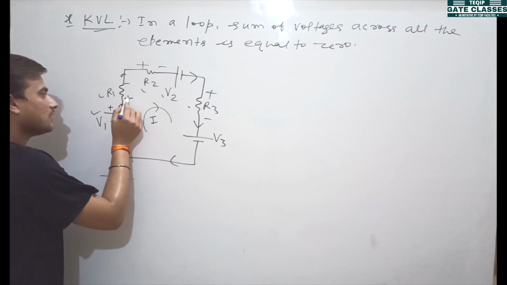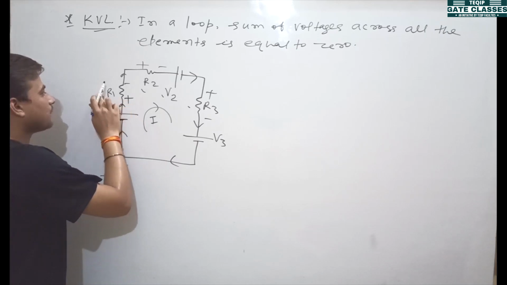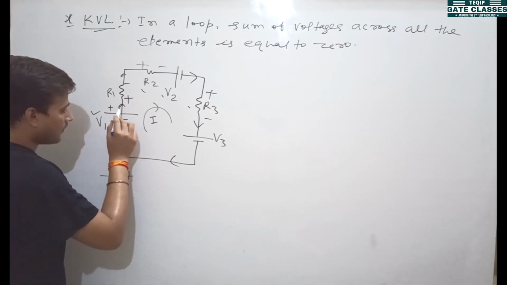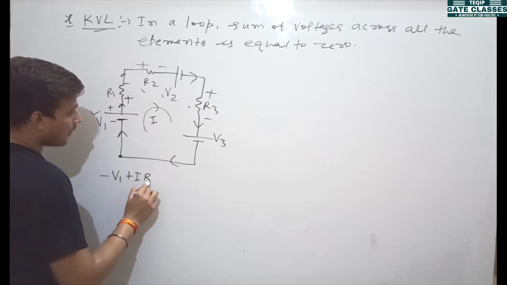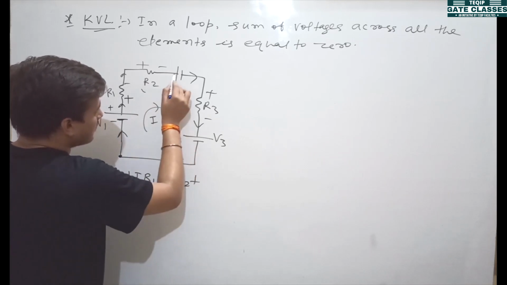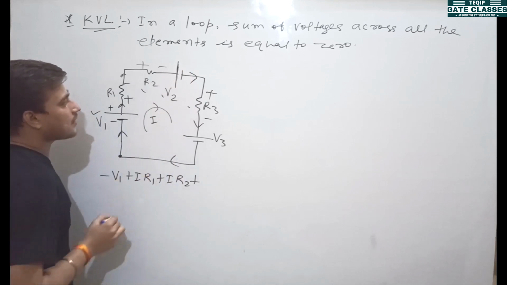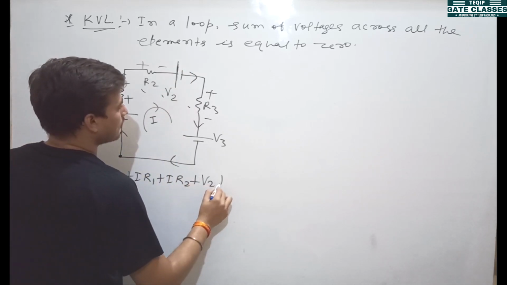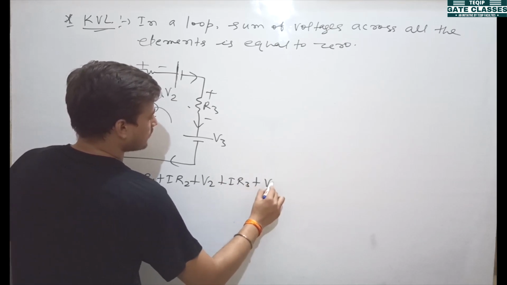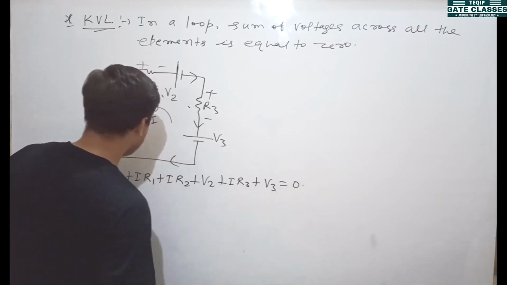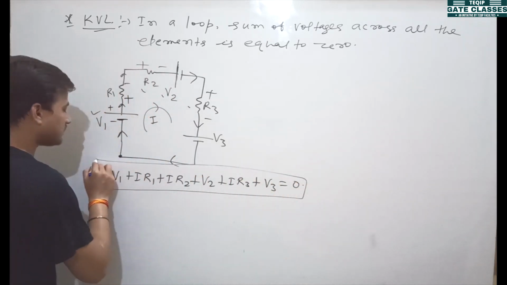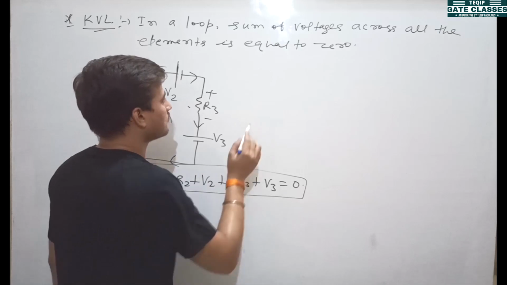In the second case the positive terminal comes first, so you will write plus, the voltage drop will be I into R1 plus I into R2, plus, now the positive terminal of the battery coming first, plus V2 plus I into R3 plus V3 will be equal to 0. So this is Kirchhoff's voltage law.